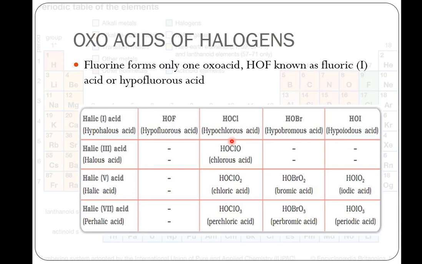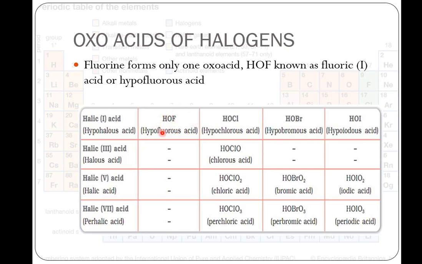Oxo acids of halogens. Fluorine forms only one oxo acid, HOF, known as fluoric acid. However, other halogens form a number of oxo acids. You can see the various oxo acids in this table.